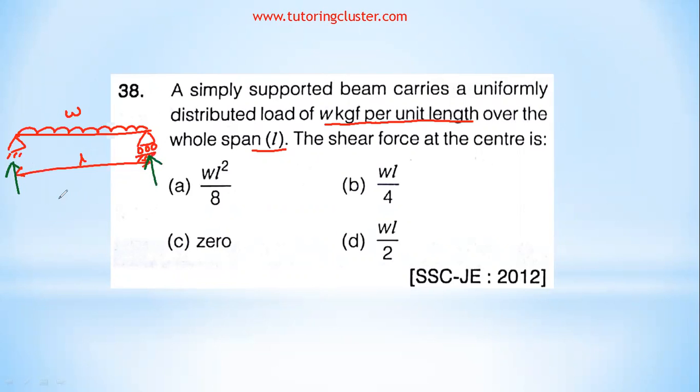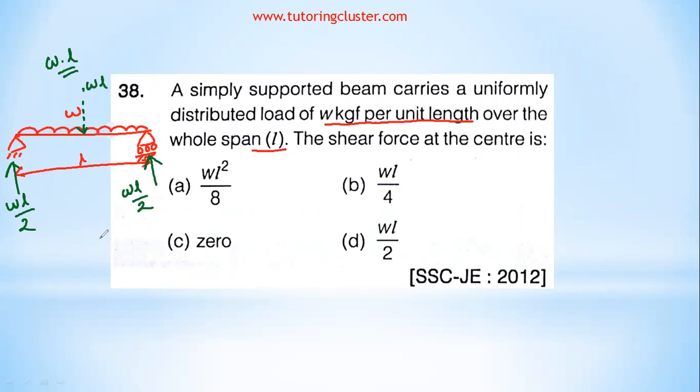This is a very basic step, the first step you have to take. So this is W kgf per unit length. So what is total load? Total load will be W into L. So this W is spread over length L. So it will be WL, which will be acting at the center. So what will be the reaction at the support? WL by 2, WL by 2.